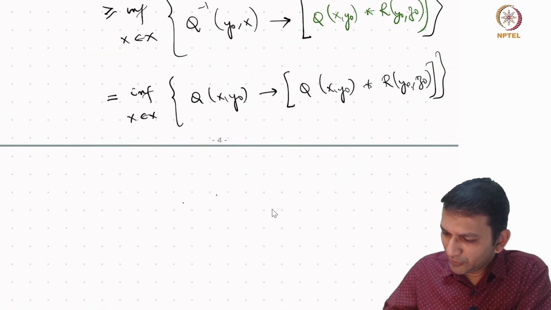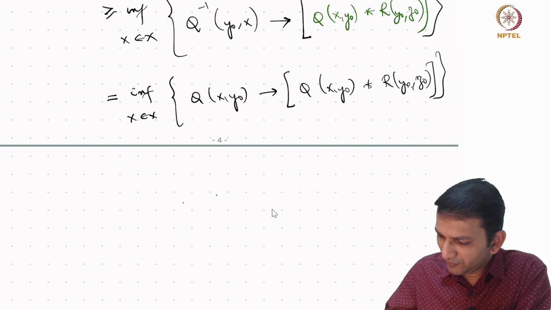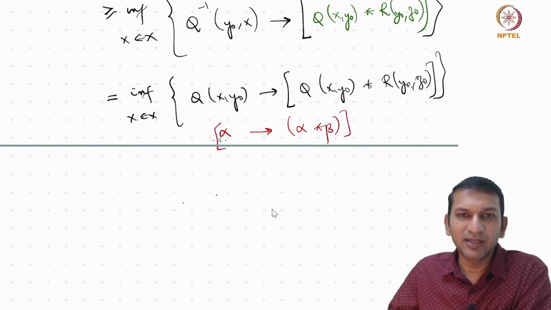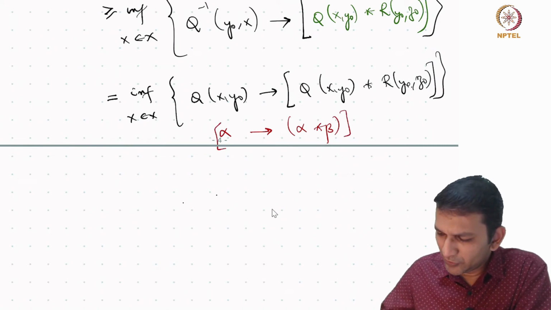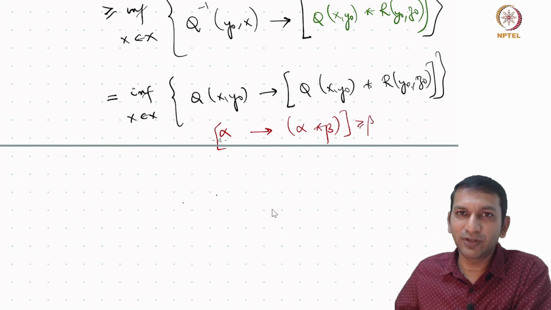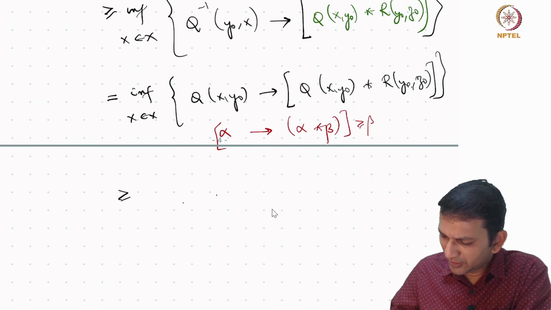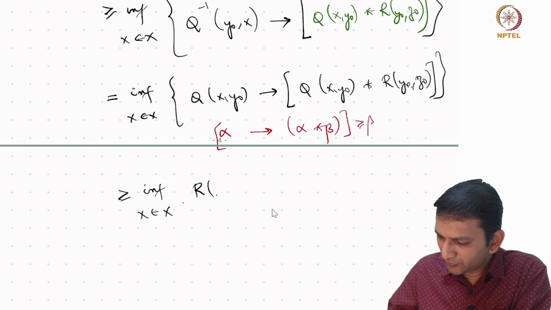Once again, if you were to look at this as an alpha, alpha implies alpha star beta. You might readily recall this looks like the IF conditionality, which we know is greater than or equal to beta in the case of residuated lattices. So what we obtain here is that this is actually greater than or equal to the infimum over x element of X of R of (y0, z0).